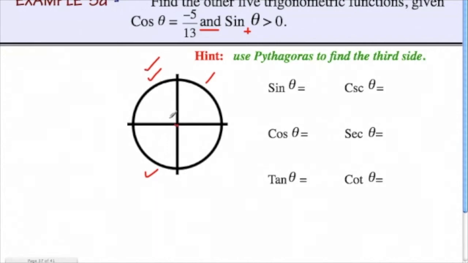So I know my triangle is in this quadrant right here, so I draw it there. My adjacent is 5. You could put negative, but I avoid negatives because it messes people up with the Pythagoras. You do your Pythagoras, and you can see a pattern. I'm using the same sort of triangle all the time. Then you go ahead and answer your questions.